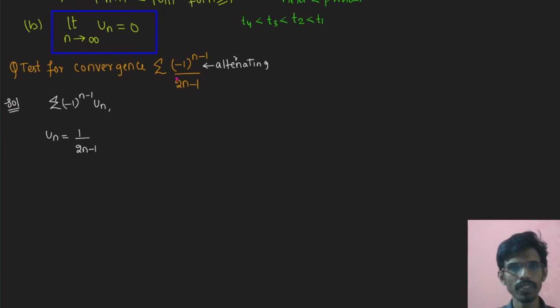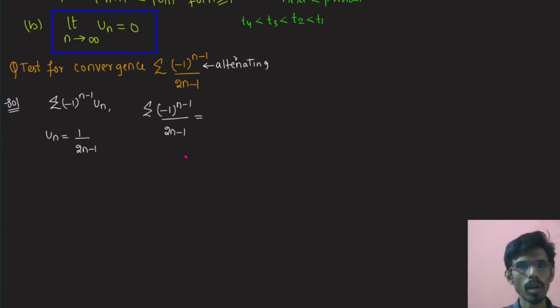Now if I expand this sigma, the series sigma (-1)^(n-1)/(2n-1), put n value 1 here, that will become (-1)^0 upon 2 into 1 is 2, minus 1 is 1. Then (-1)^1 with n equals 2: 2 into 2 is 4, 4 minus 1 is 3, and so on.